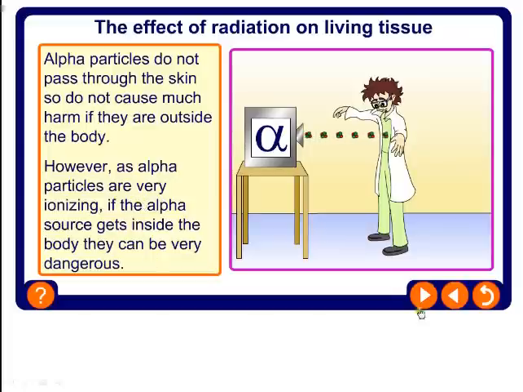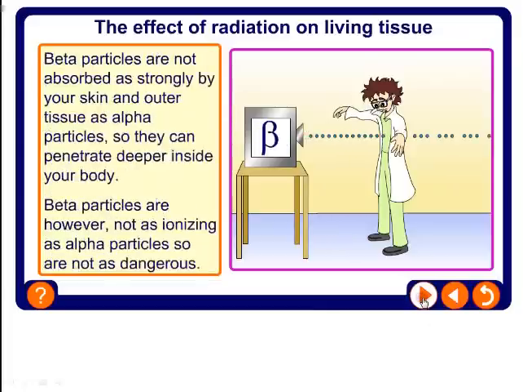So alpha is dangerous when it's inside the body. Beta, they're not absorbed by skin as we saw previously. They'll pass through paper. Aluminium will stop them, so they will actually get inside the body. But beta particles are not as ionizing as alpha particles. So even though they can get inside your body through the skin, they're probably not as dangerous as alpha.